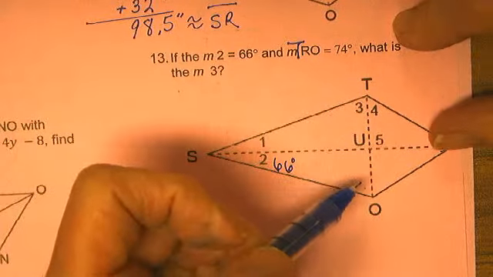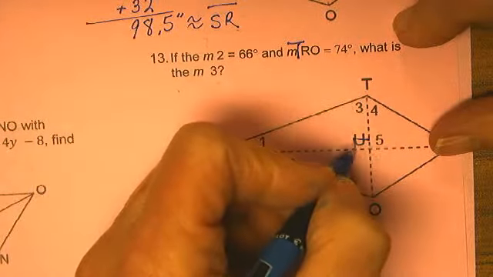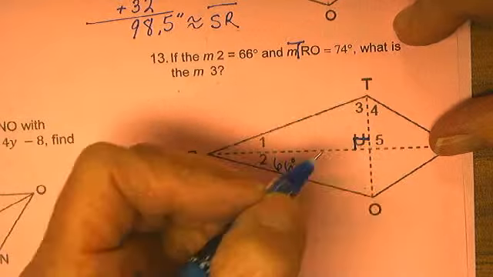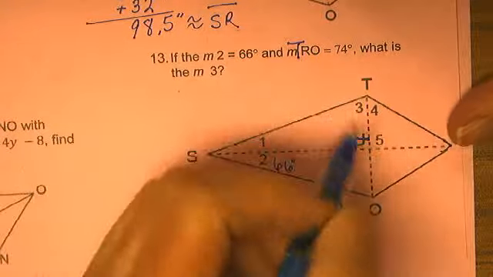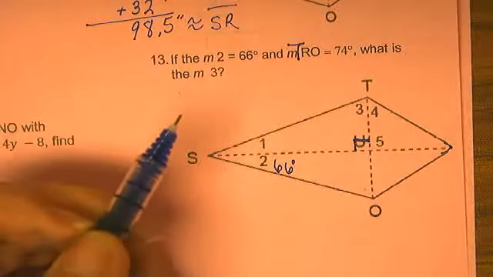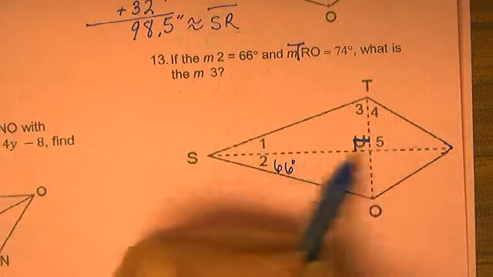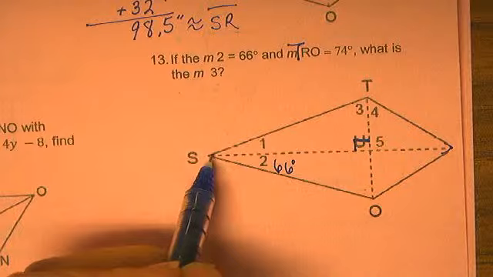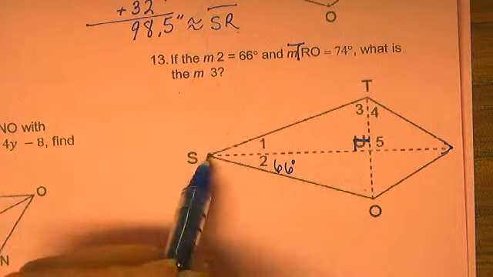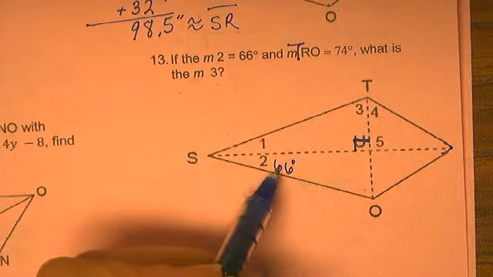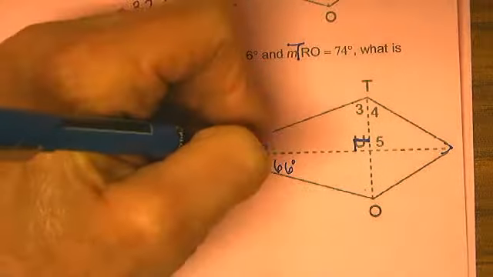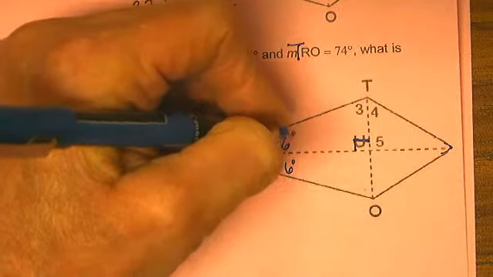Well, I know that when I have a kite, the diagonals are perpendicular, so this is a right angle. I also know that this long diagonal bisects angle TSO. So if this is 66 degrees, this is also 66 degrees.